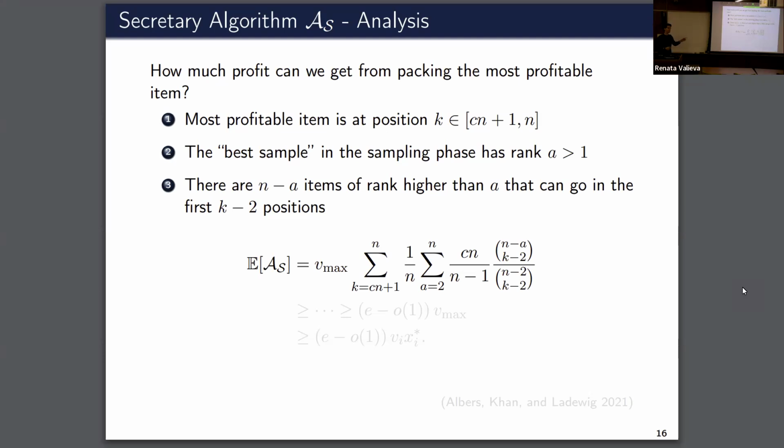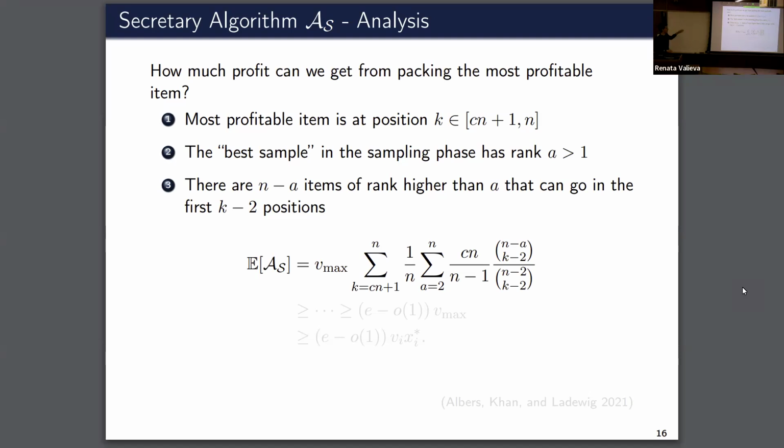The thing is that if the best sample has rank A, no item with a lower rank can end up from the beginning up to position K. Because otherwise, either our best sample would not be the best, or we would pack this other item that has lower rank.